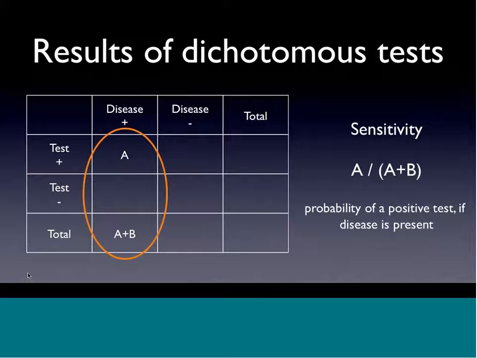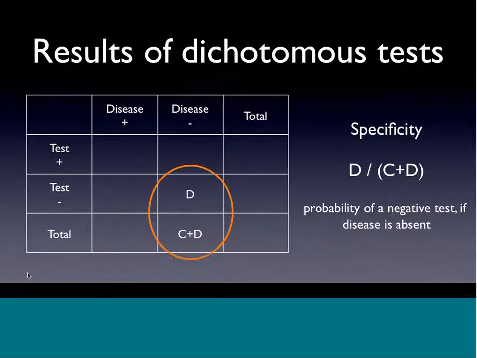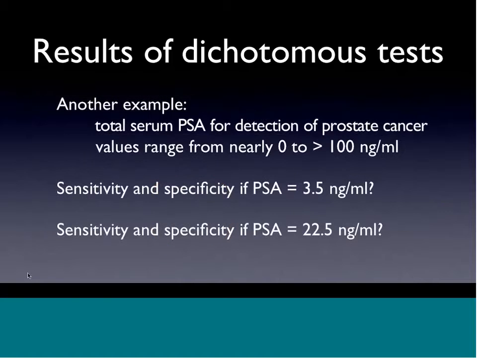You have the disease positive, test positive cell over the total of disease positive. And what does it mean? It's the probability of a positive test if disease is present. Specificity will be similar, but we'll be looking now at the probability of a negative test if disease is absent. So very simple. I'm sure you all have heard of that.